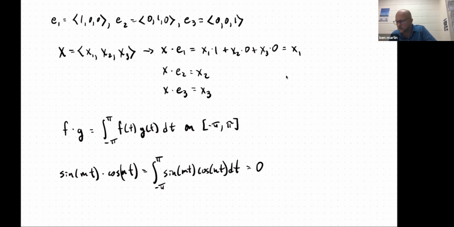So for instance, when you take this x vector that's just kind of generic there and dot it with E1, it's going to take the x1 times 1, the x2 times 0, the x3 times 0. In other words, it will pick off the x1 value there, okay? Similarly, if you dot with E2 or E3, that's going to pick off those entries for it.